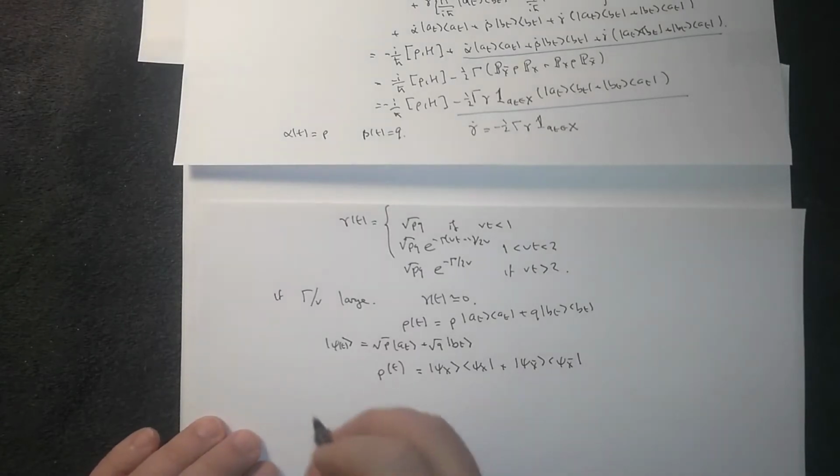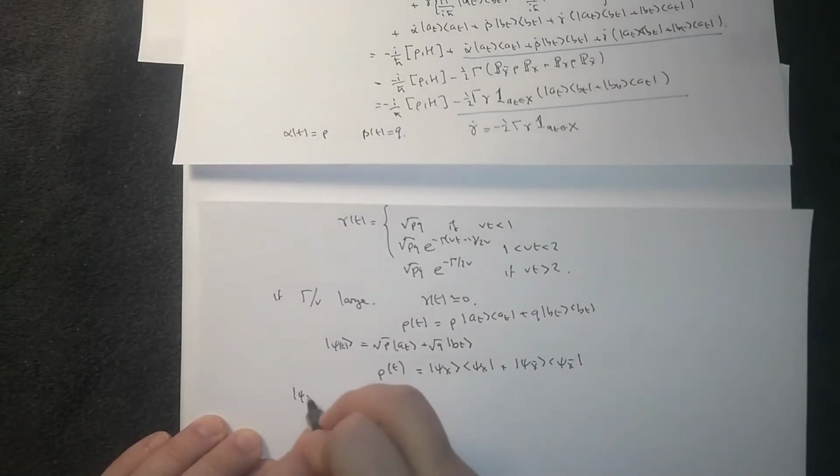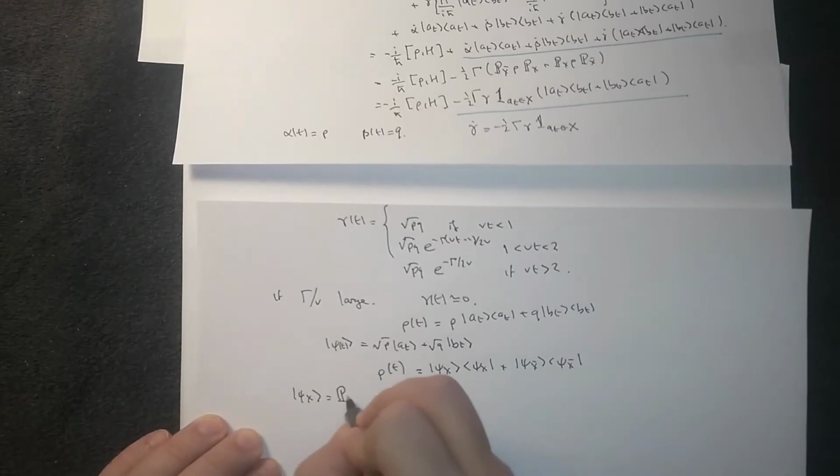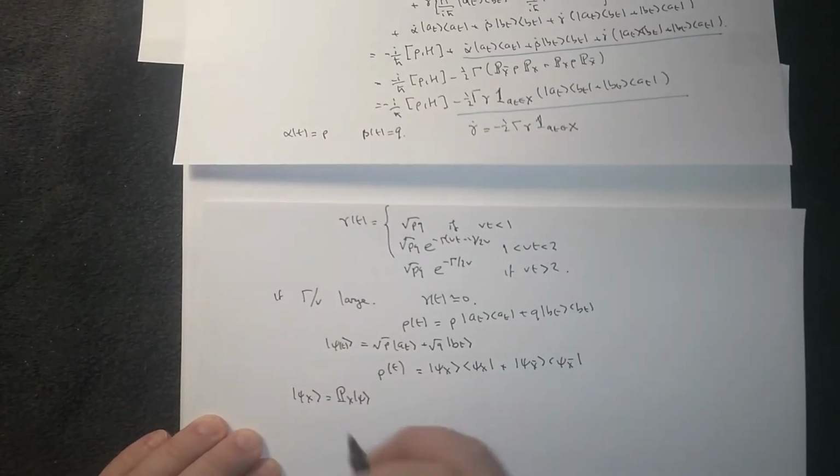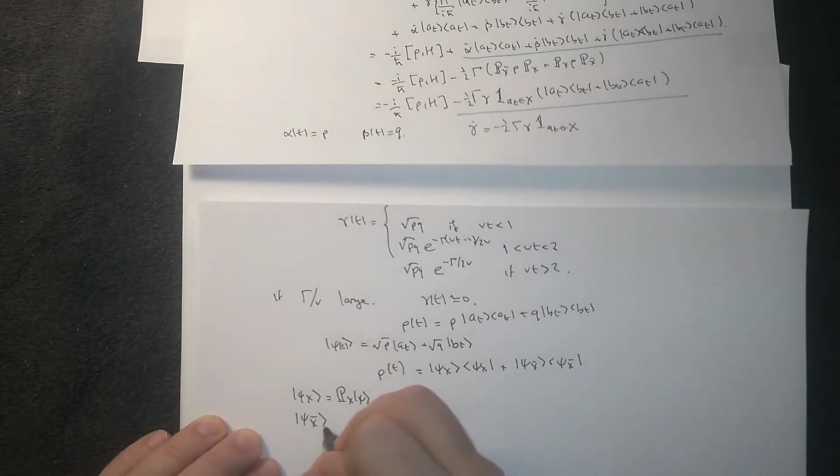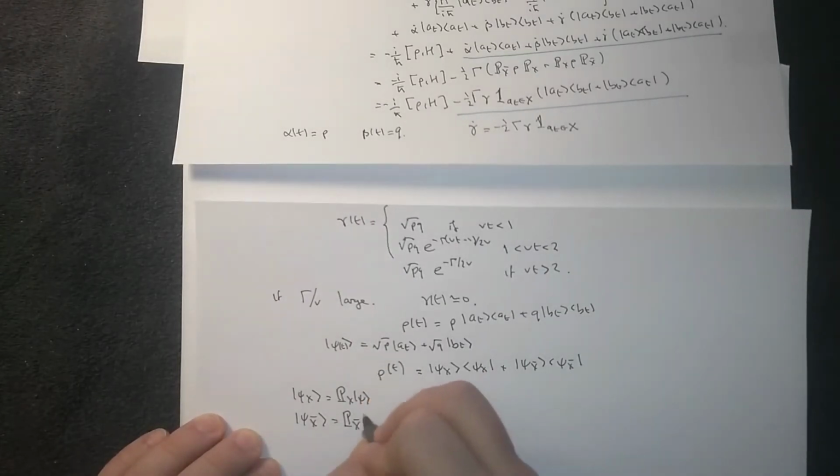Where psi x is the projection onto x of the state. Psi x bar is the projection onto its complement.